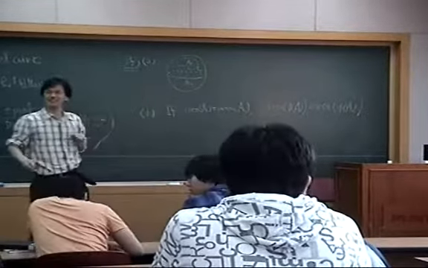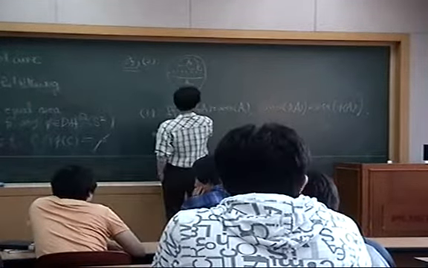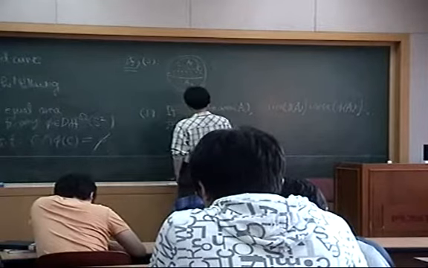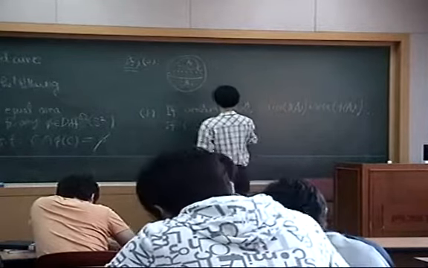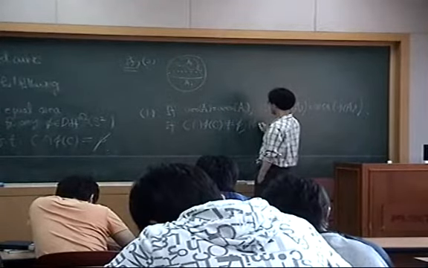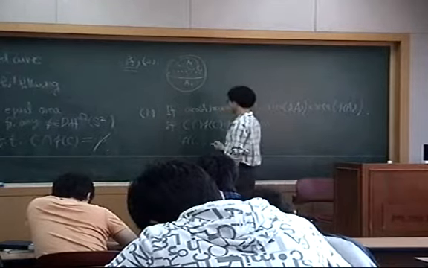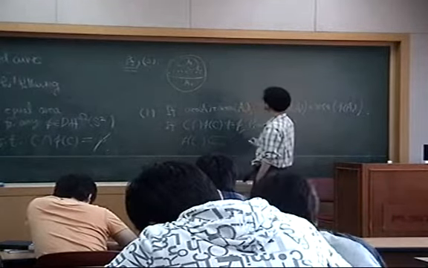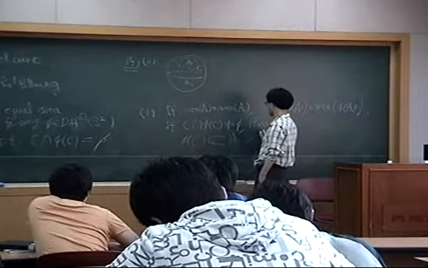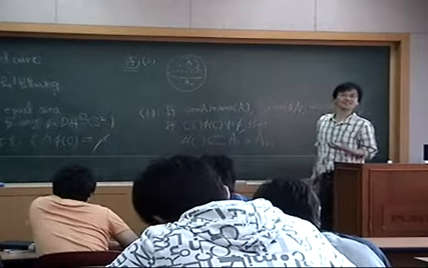So they must intersect. Otherwise, if phi C does not intersect C, then phi C should be contained in either A1 or A2, because they do not intersect.